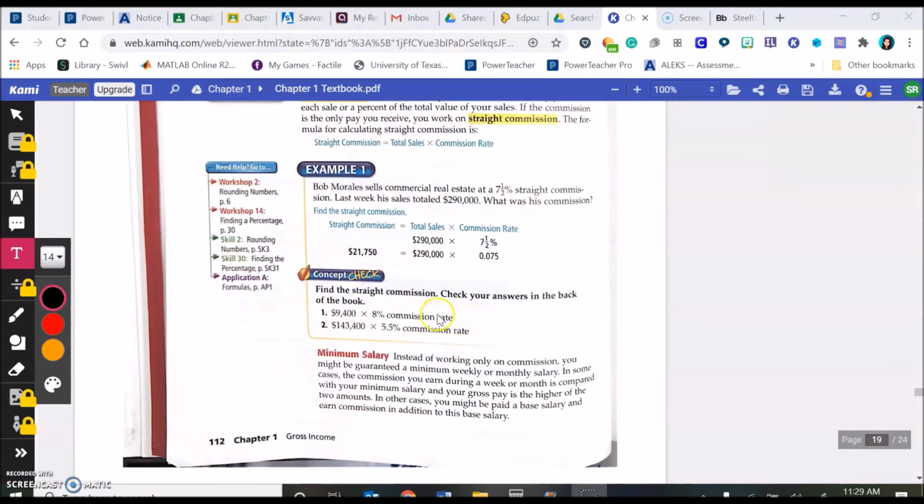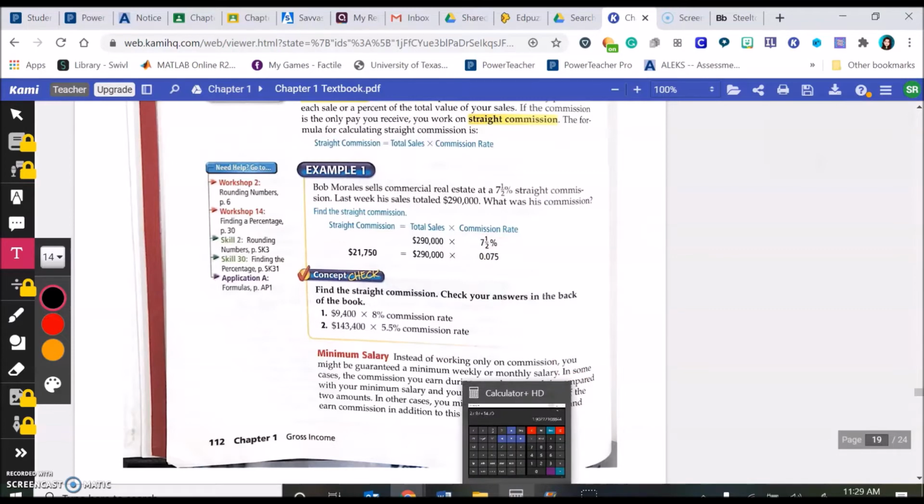Looking at example 1, Bob Morales sells commercial real estate at a 7.5% straight commission. Last week, his sales totaled $290,000. What was his commission? You just take the $290,000 and multiply it by 7.5%.